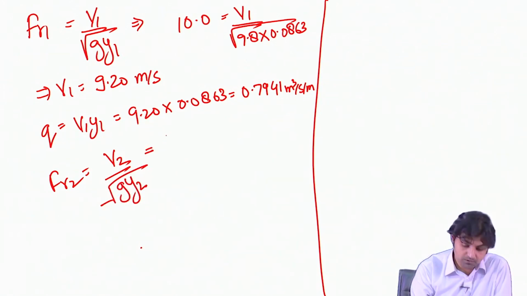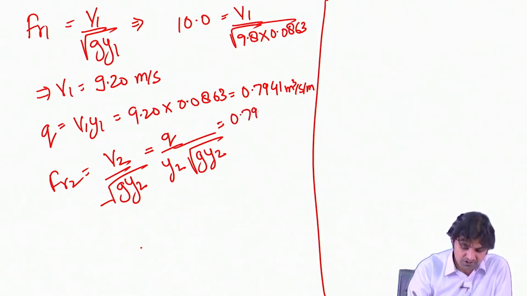And Fr2 is pretty simple, V2 by under root g y2, and V2 can be written in terms of q by y2 under root g y2. Okay. So, q we have already found out, 0.7941, right, and y2 we found out was 1.178, under root 9.8 into 1.178.